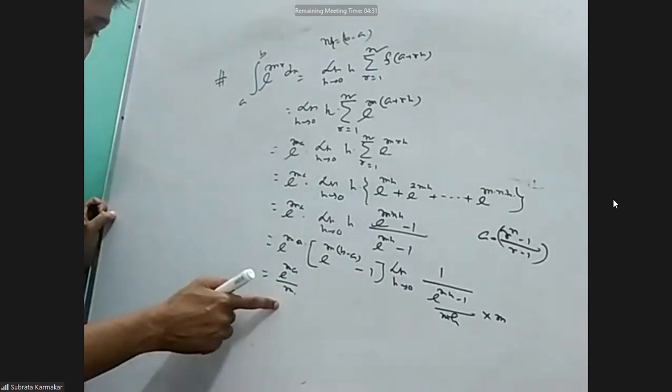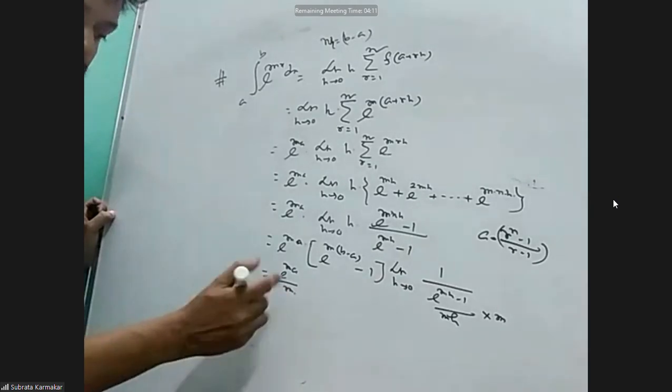So what part will remain over here? e^(mb) minus e^(ma). Is it clear? By m. e^(mb) minus e^(ma) by m.